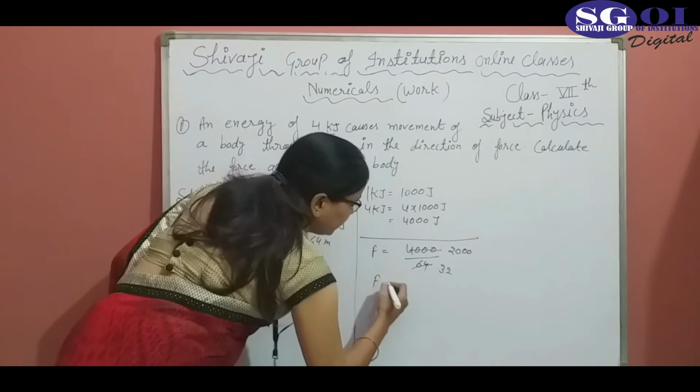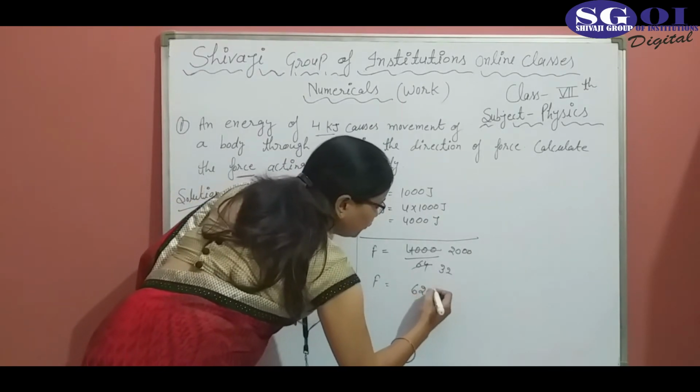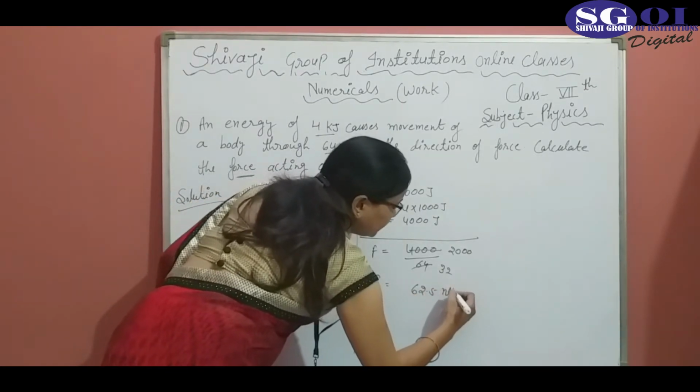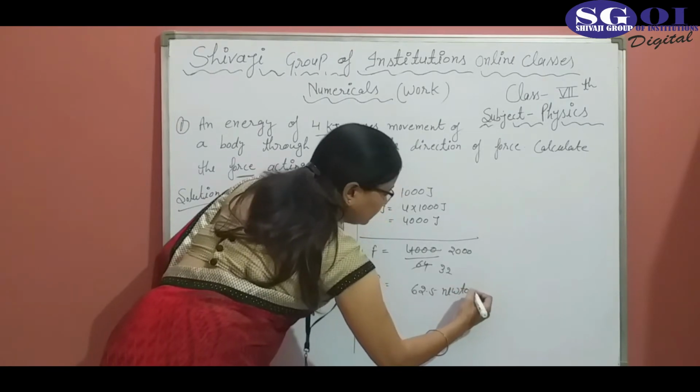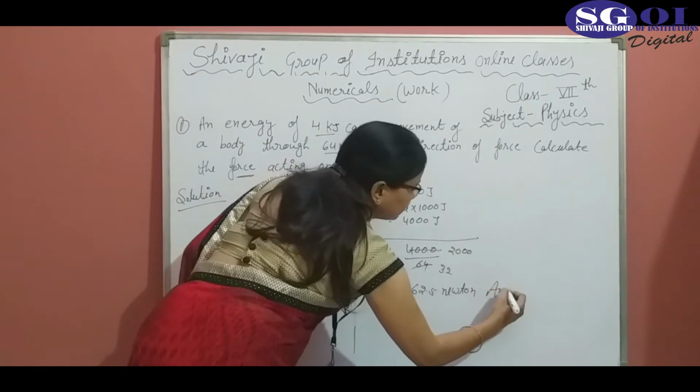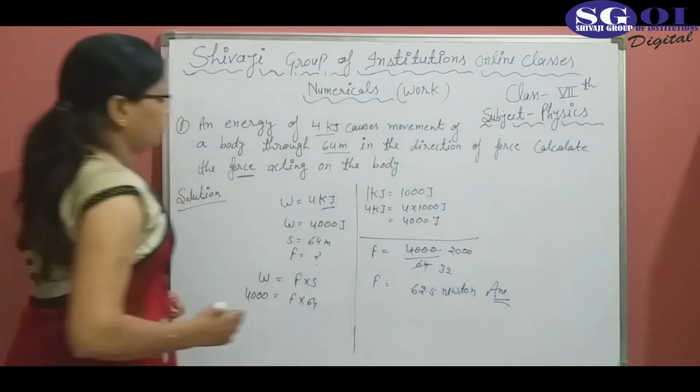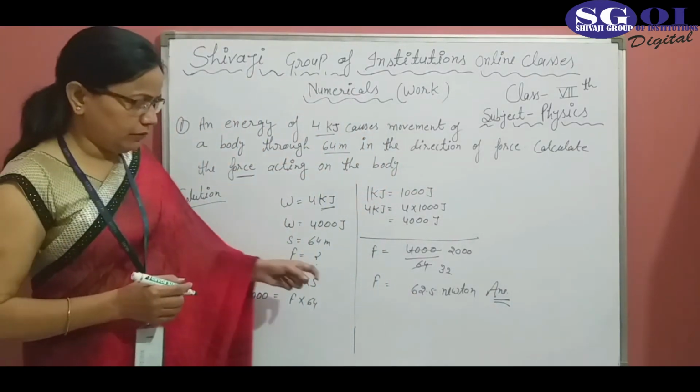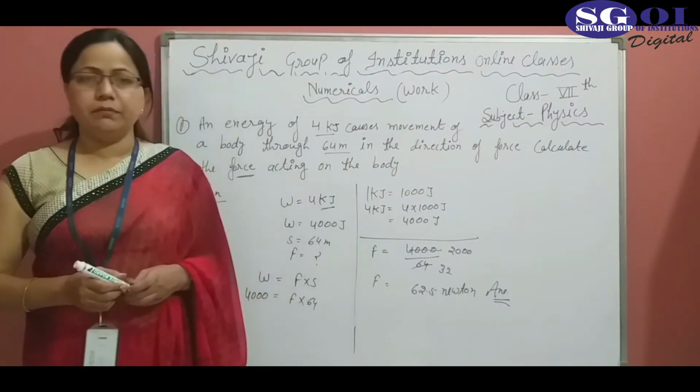After dividing, we get 62.5 Newton. So the force acting on the body is 62.5 Newton.